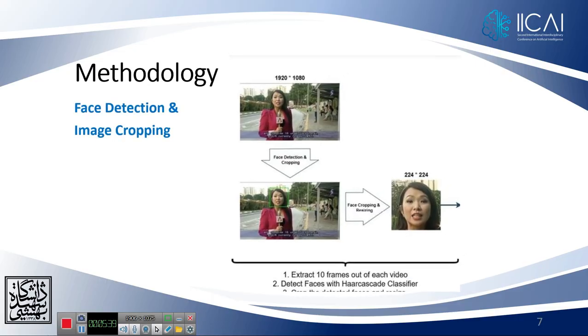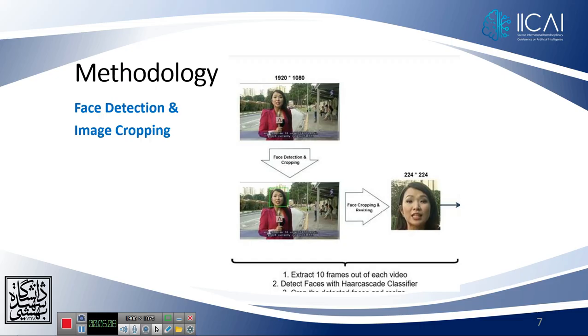In the second step, we are going to detect and crop the face in the image. For example, we use the Haar cascade frontal face detector, specifically the pre-trained model provided in the OpenCV library in Python. It is based on the AdaBoost algorithm.